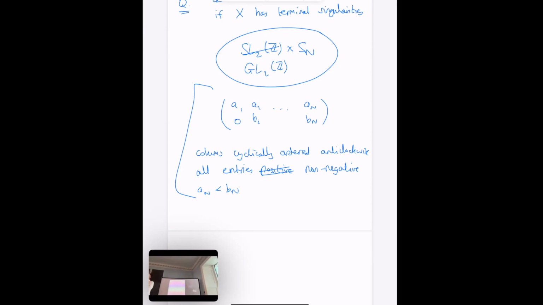And then for each cone in the fan, there's a hyperplane which contains the first integer point along each ray. So you take the generators, you take the first integer point along each ray, you put the hyperplane there.